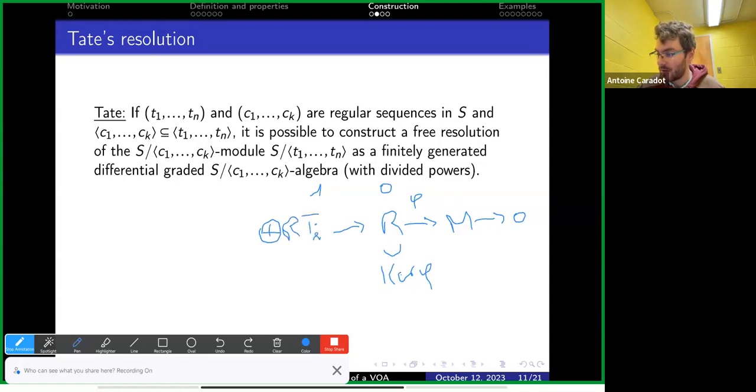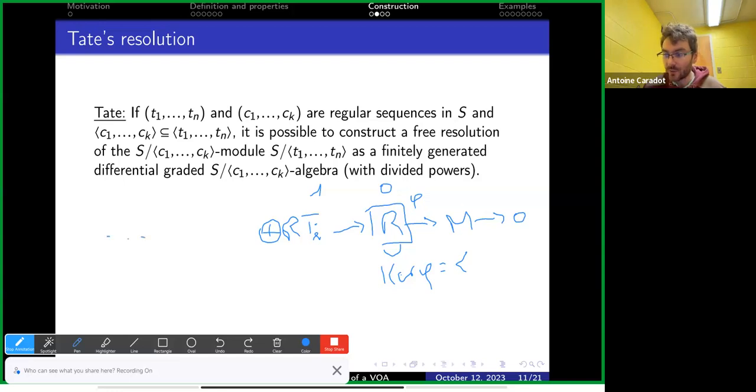so you add variables ti such that each image of the ti by this map will be a generator of your kernel. Then it will make this part exact, because the image of this will be exactly the kernel of this.